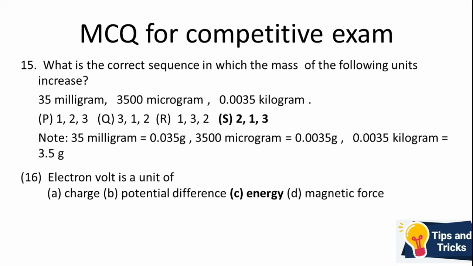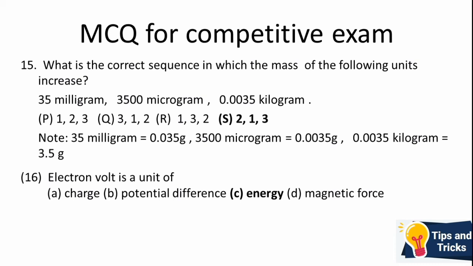So 35 milligram we can convert into gram by putting the value of milli as 10 power minus 3. So 35 milligram will be equal to 0.035 grams. 3500 microgram will be equal to 0.0035 gram. How do we get this?